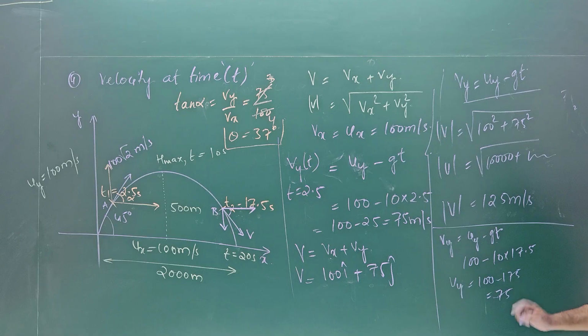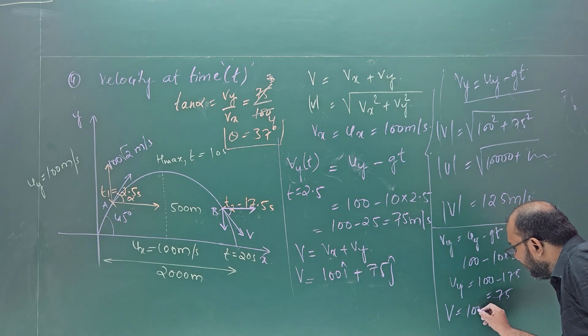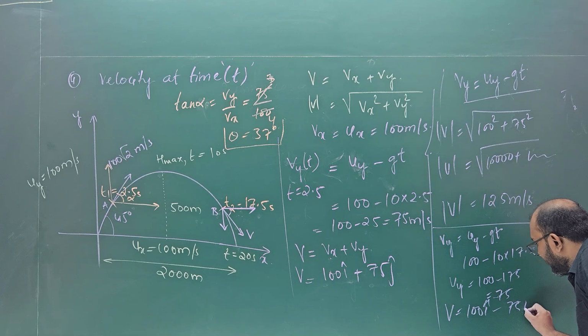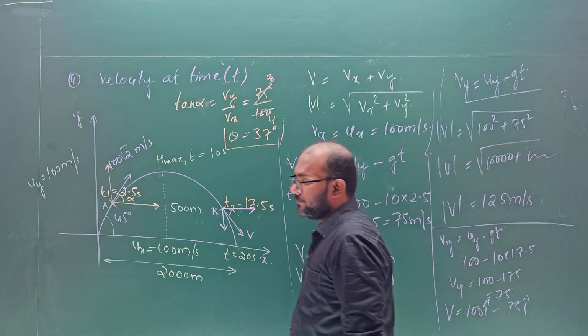Yes or no? Definitely your V value over here, if you want to write, V is nothing but 100 i cap minus 75 j cap. Substituting this in the same form, you will get the velocity again as 125. Why? Because we are calculating the magnitude, and the angle will be minus 37 degrees. Got my point? Write down now.